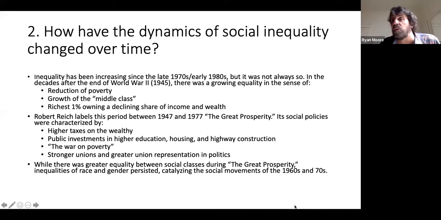There was more of a kind of shared prosperity. Now, it was deeply imperfect, especially with regard to racial inequalities, right?